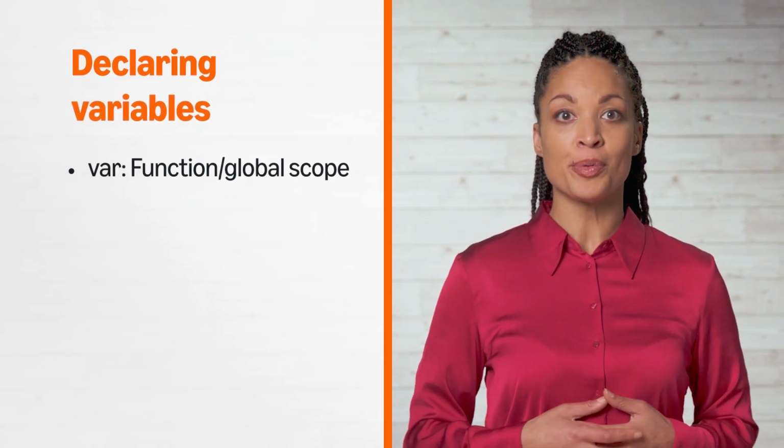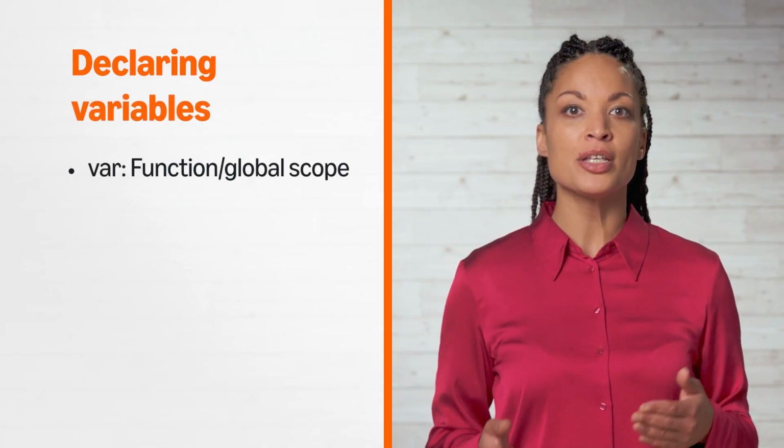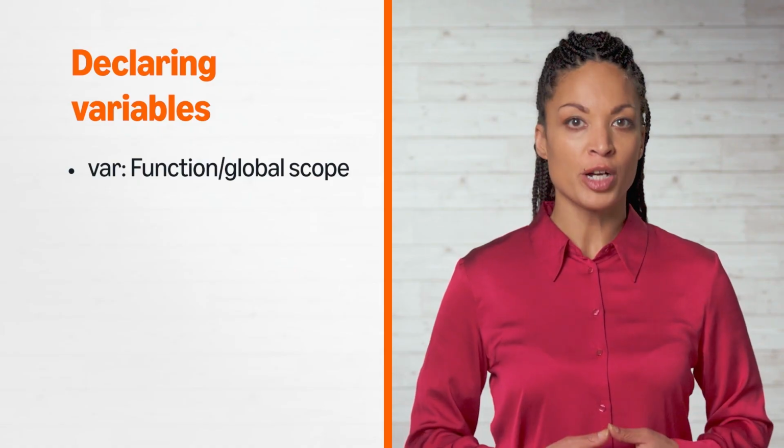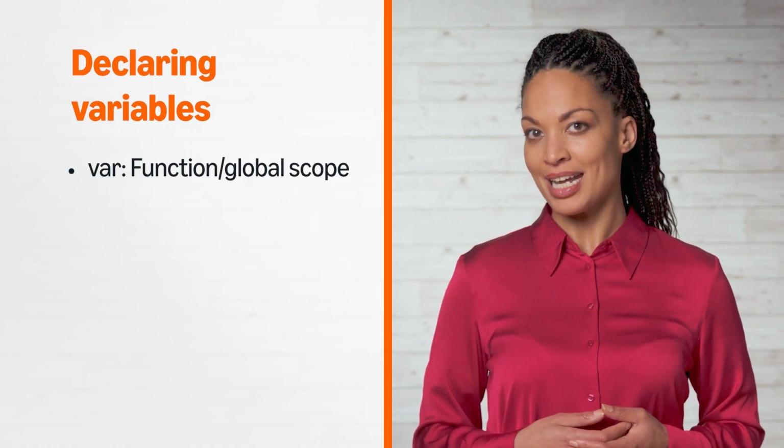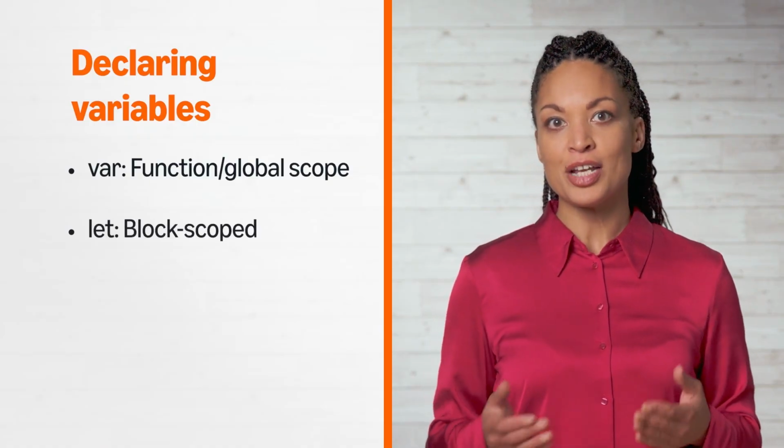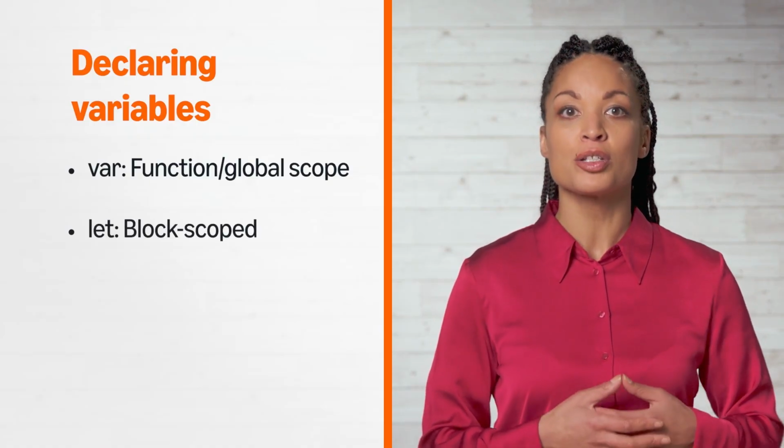To declare variables, JavaScript provides 3 options. Remember, this example uses the JavaScript file named declare.js. The first and original way to declare variables was with var, which is either function or global scope. Variables declared with var can also be redeclared and updated. Second, the let keyword, introduced in ES6, is block scoped.